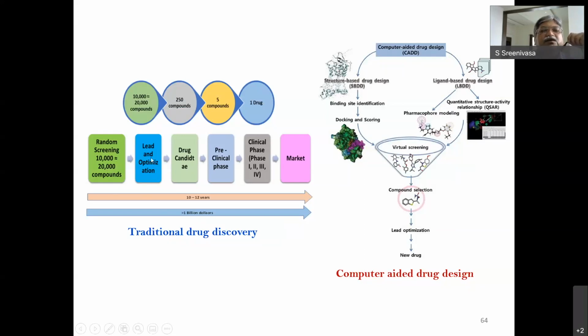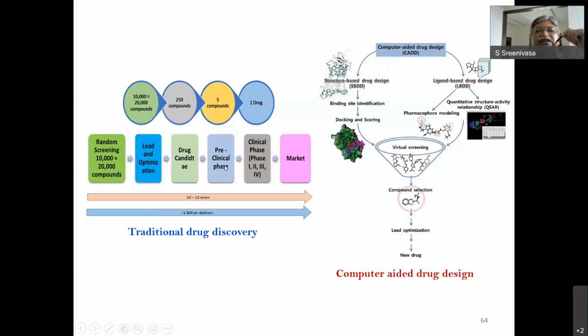Out of 250, only 5 molecules will pass. Again, this will take 2 to 3 years. This is the drug candidate, and it will be taken for further evaluation: its solubility, other parameters, its toxicity, etc. All those things are checked.